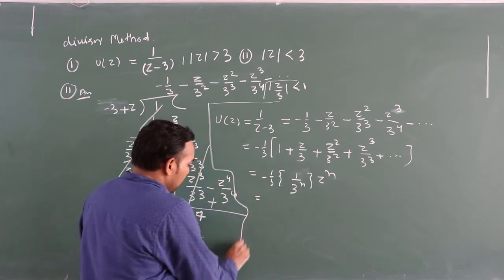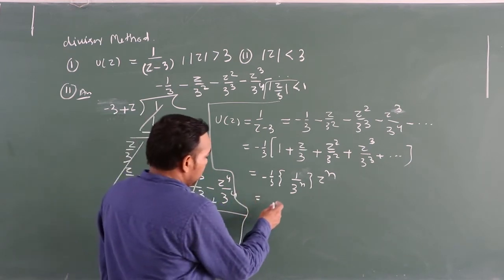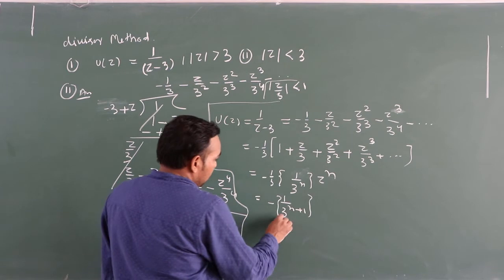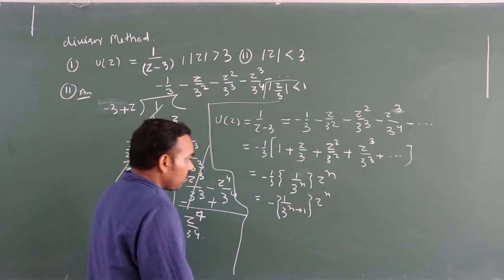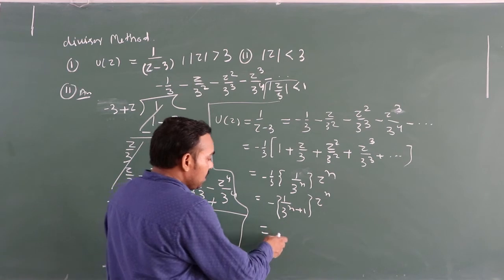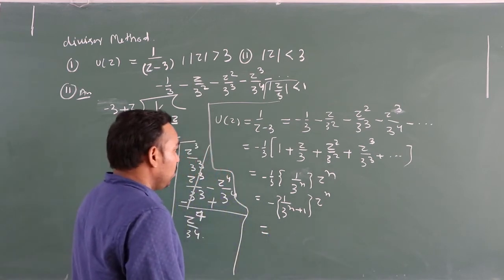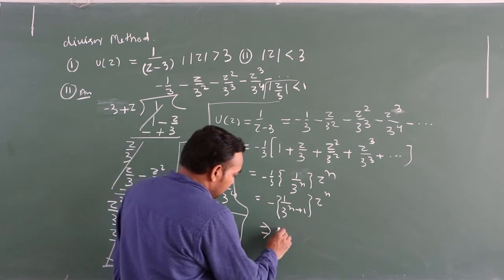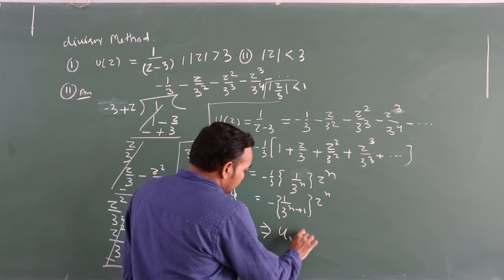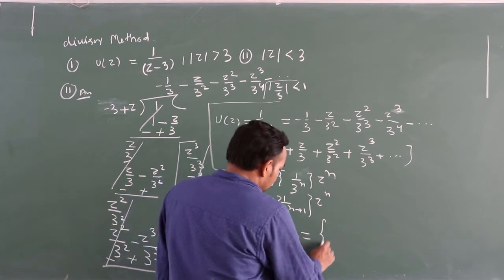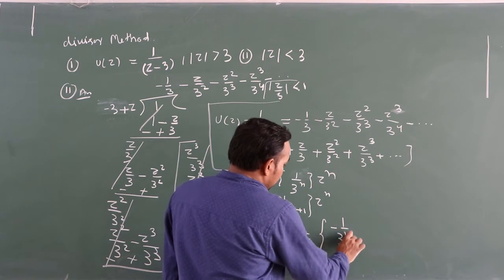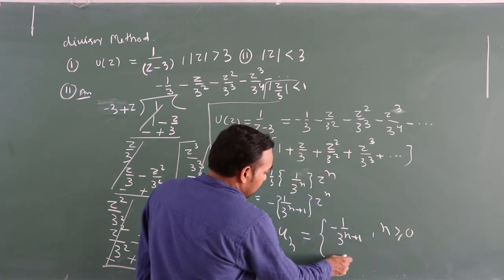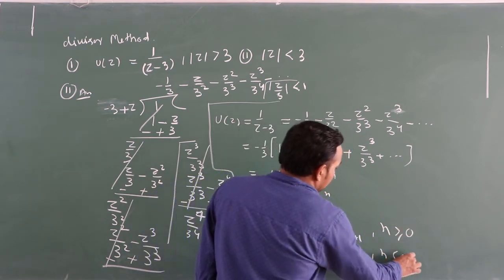Or simply write here, if you take minus 1 upon 3 to the power n plus 1, z to the power minus 1, means no need to replace z, we can say finally we get the answer, that is u n equal to minus 1 upon 3 to the power n plus 1, for n greater than or equal to 0, and 0 if n less than 0.